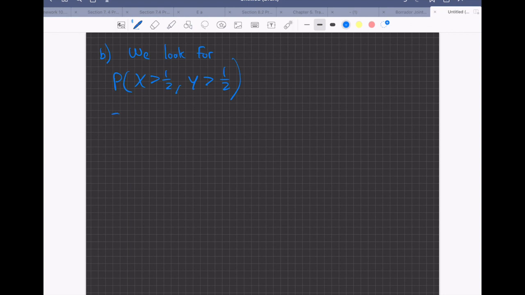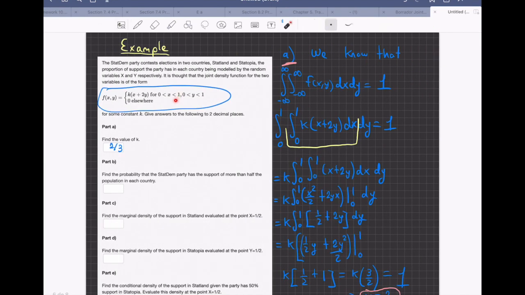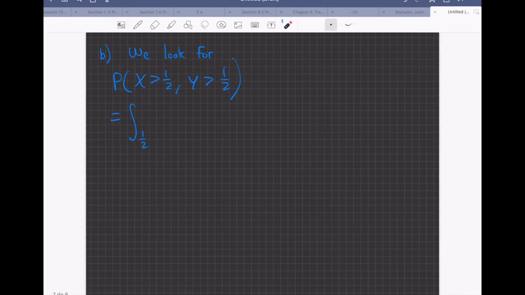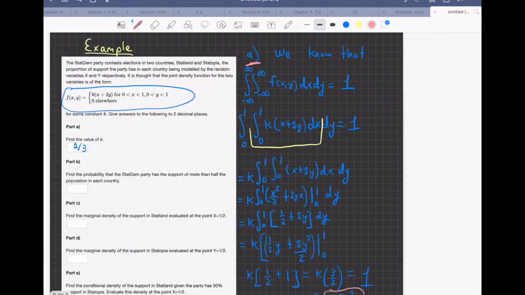This integral goes from 1/2 up to the highest value, which is 1, for both x and y, of your density with the value of k, 2 over 3, times x plus 2y dx dy. You have to compute this integral. When you do it, you will realize that the answer is 0.375. But try to do it as I did this one, right?